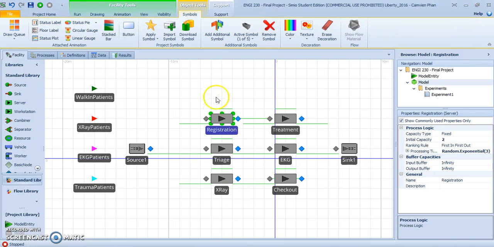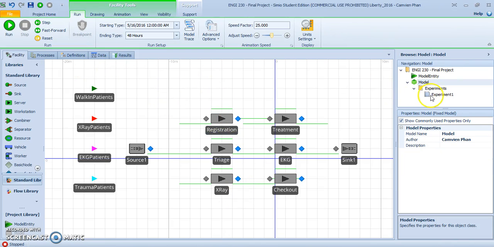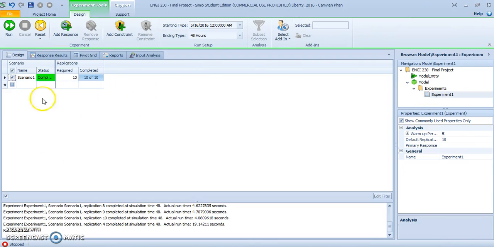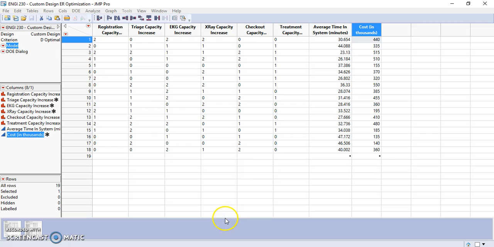I went into Simio, under Experiment, and ran this experiment 18 times, each time changing whatever the variables told me. If it was 0, 1, 1, 1, then I would go back to the default, add 1 here, 1 here, 1 here, and then run it and see. When I initially looked at this, I thought, wow, it's kind of accurate.